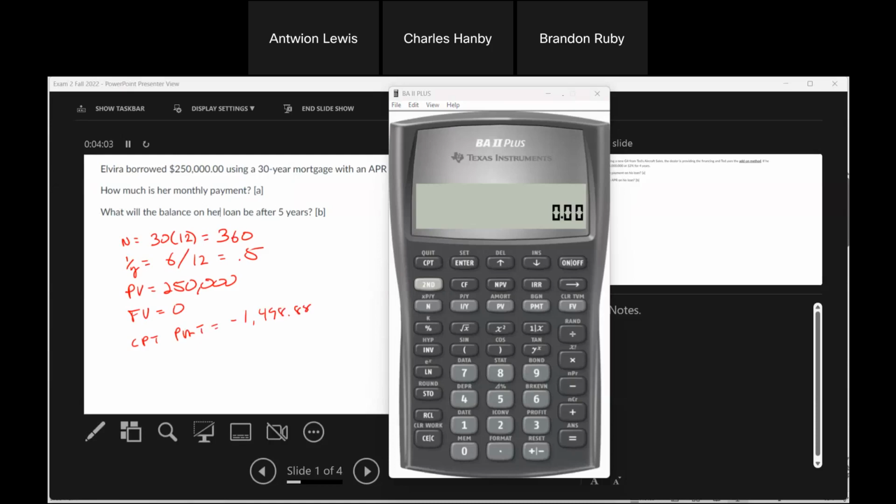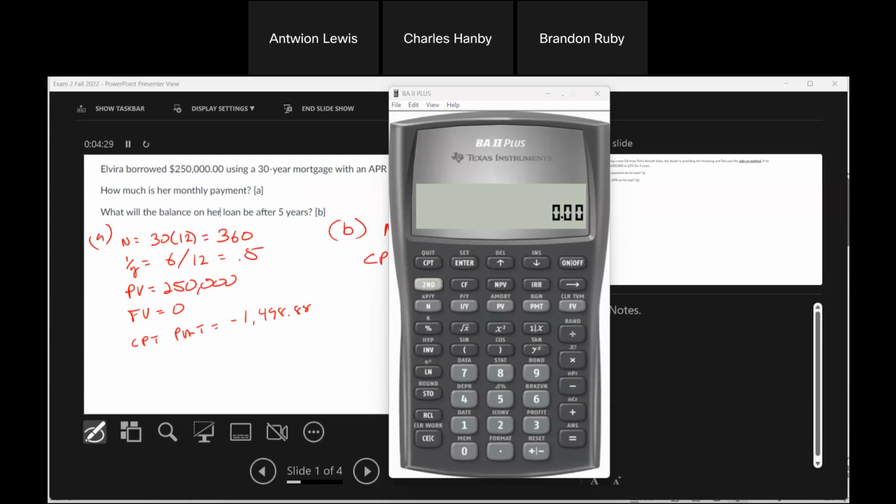So this is A. And then B, the balance after 5 years. What we're doing here is subtracting 5 years of payments, 60 payments. So there's 25 years remaining monthly, that's 300 payments.